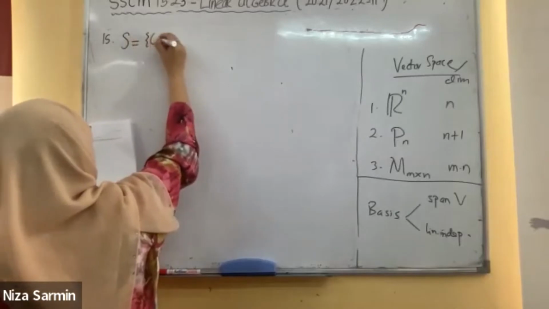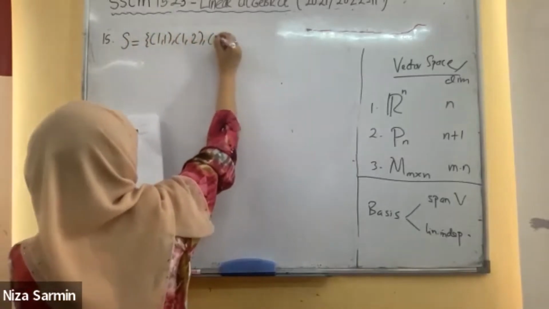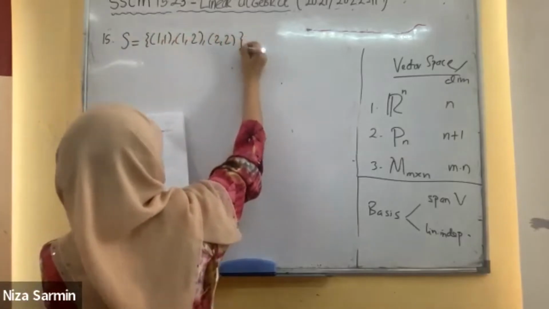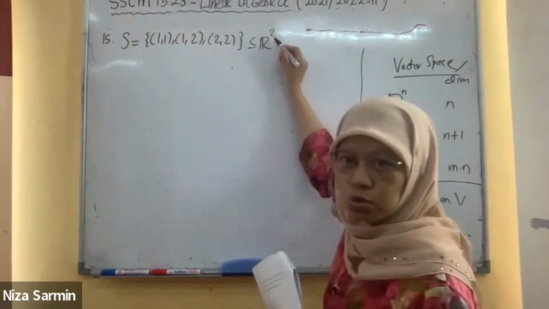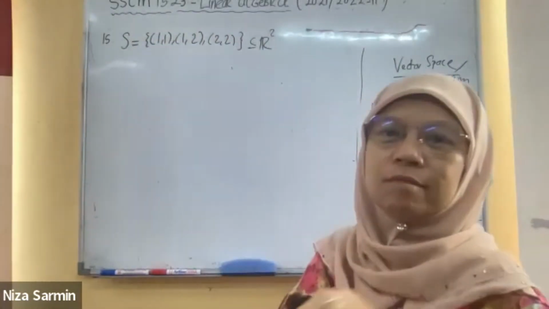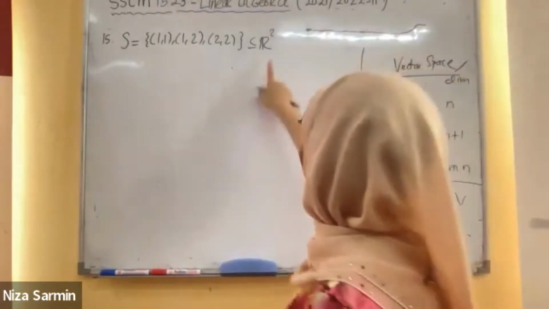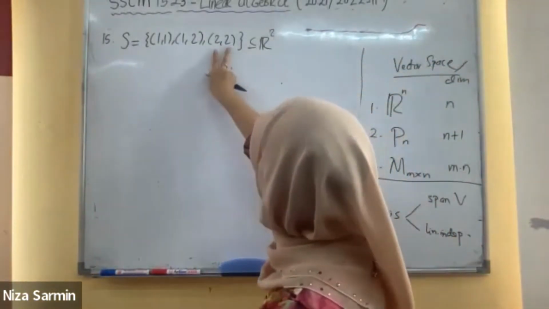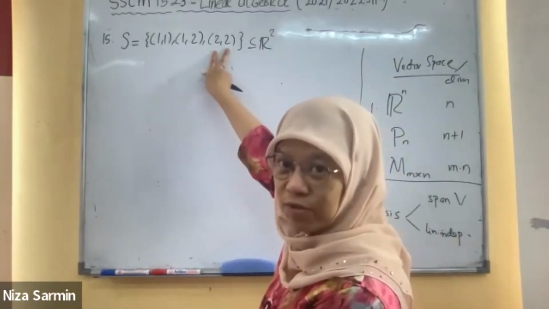S is (1, 1), (1, 2), (2, 2) in R². Why is it 2? Because there are 2 components for each of the vectors.